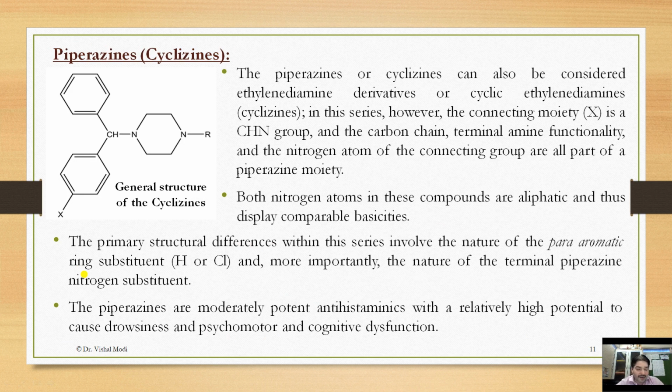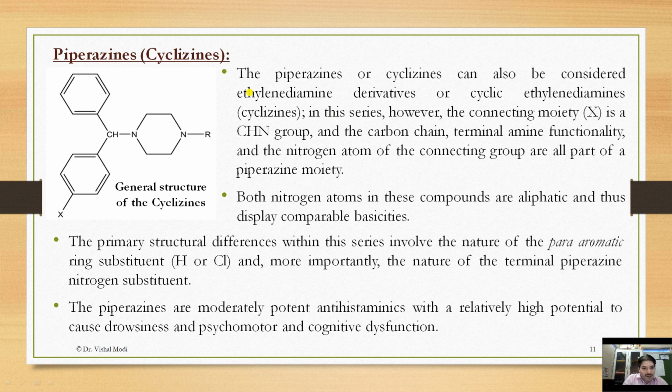In the ethylenediamine class there is a subclass, piperazine. It is also called the cyclizine class. The piperazine or cyclizine can also be considered an ethylenediamine derivative or cyclic ethylenediamine. In this series, however, the connecting moiety X is a CHN group, and the carbon chain, terminal amine functionality and the nitrogen atom of the connecting group are all part of a piperazine moiety.